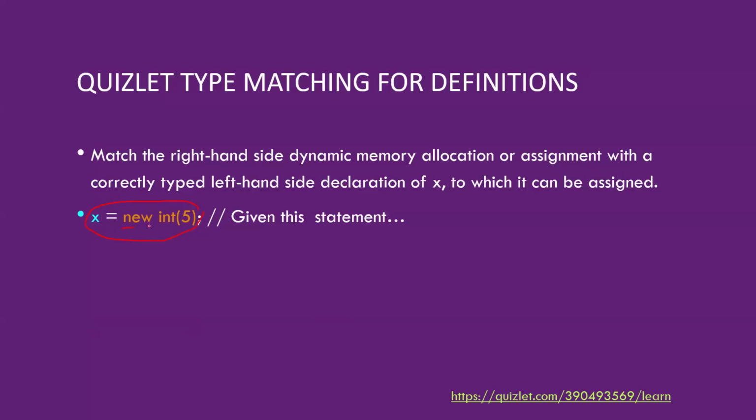Well, we know that new gives us a pointer, so whatever X is, it better be a pointer. So this Quizlet is asking us to come up with the declaration of X that's compatible with this usage. It's a little backwards, but in that case, we say we're creating a new integer and new gives us a pointer, so X really has to be int star X.